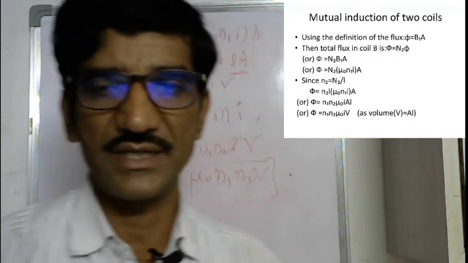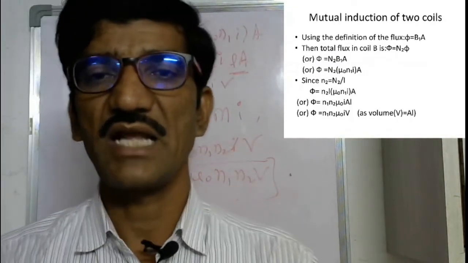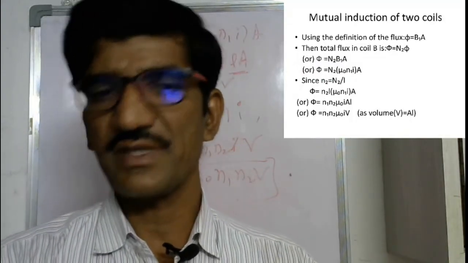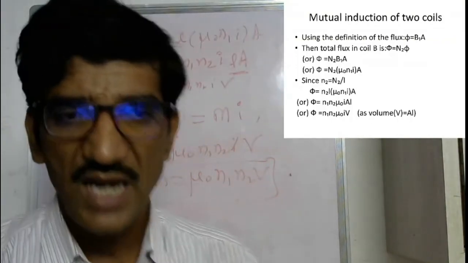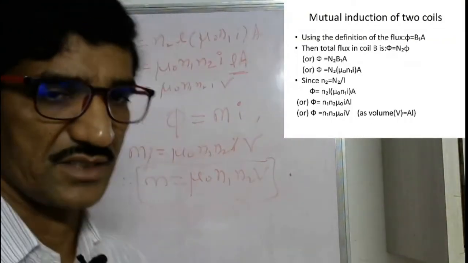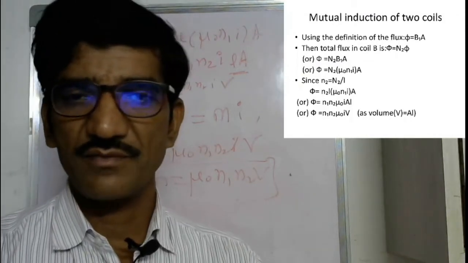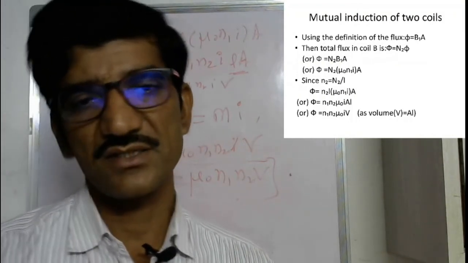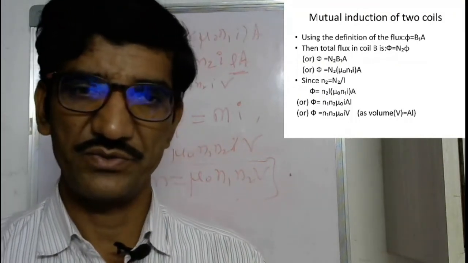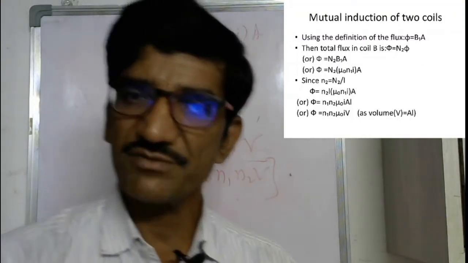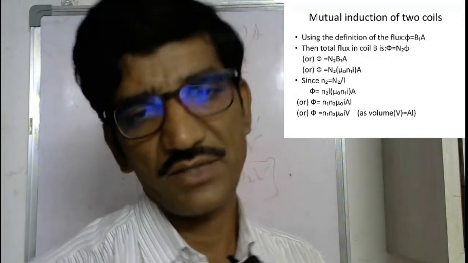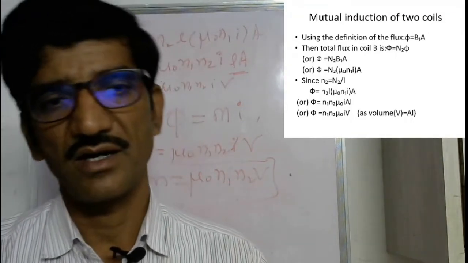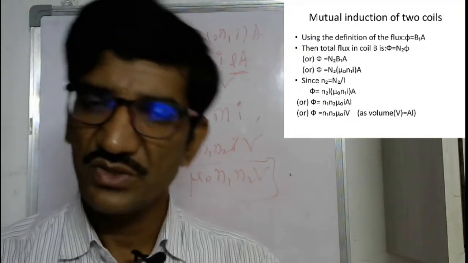So we have to note here that there are many similarities between self-induction and mutual induction. In case of self-induction, the self-induction does not depend on the current flowing through that coil. Here, in case of mutual induction, instead of one coil, you have two coils. Here also, this mutual induction does not depend on the current flowing through any one of those two coils.